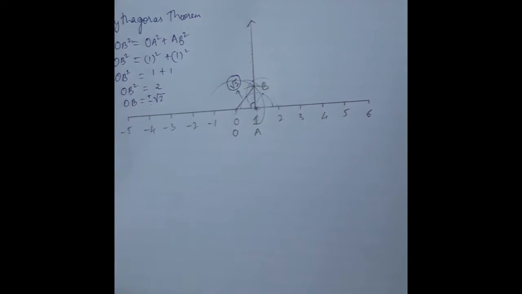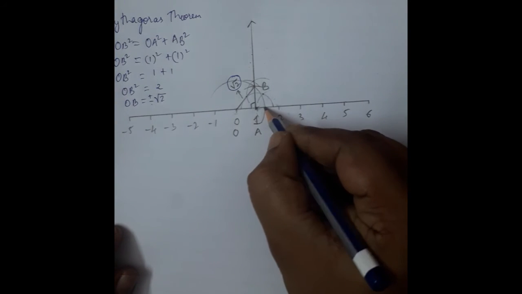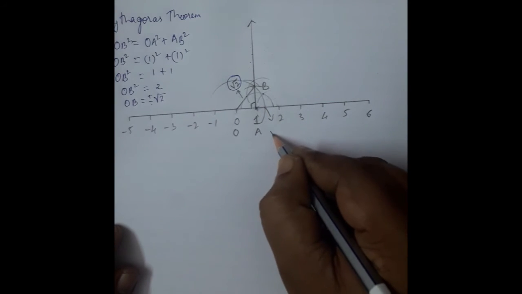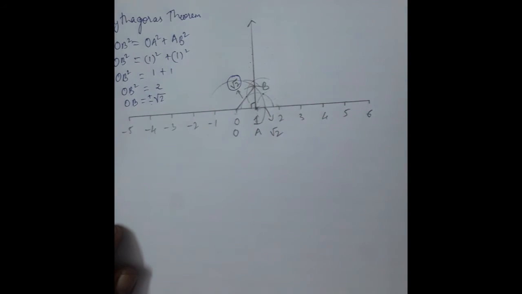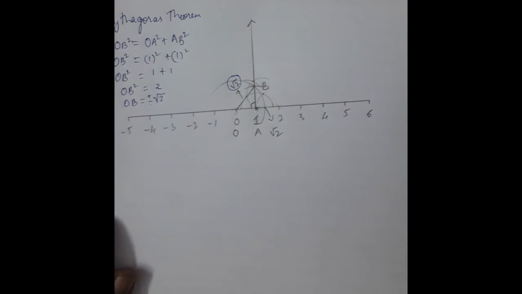Can you see? The arc has now cut the number line over here, and this is root 2. Now how did we get that as root 2 from here? I'll explain it to you.